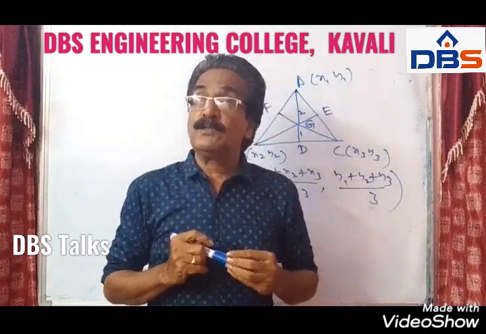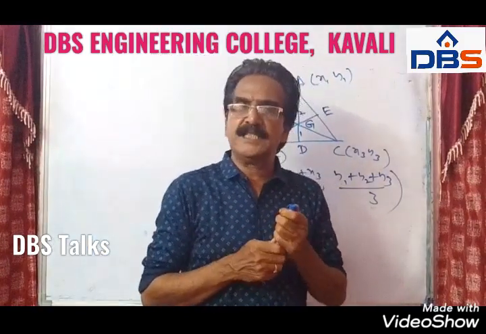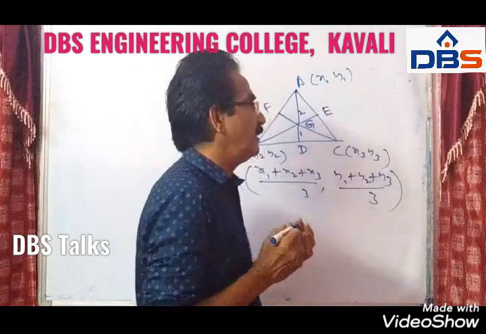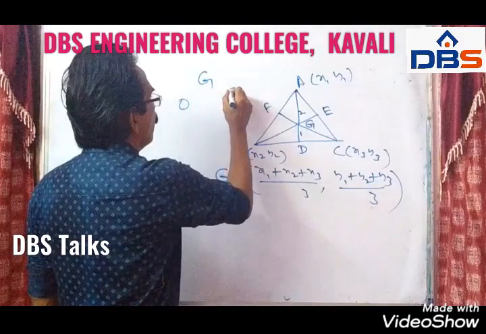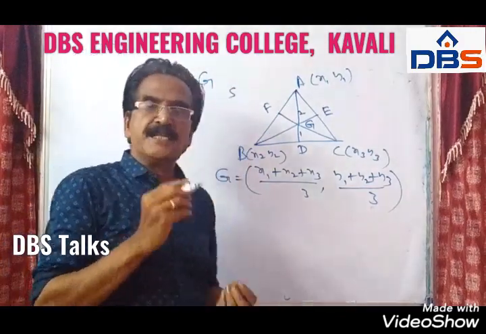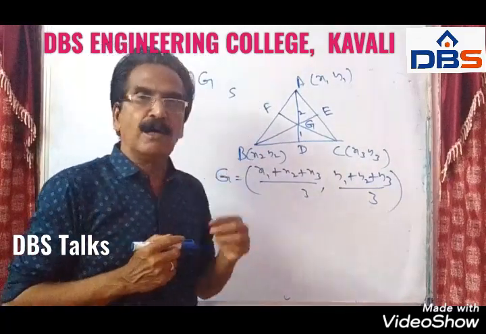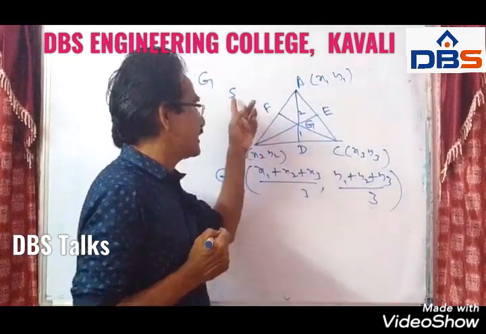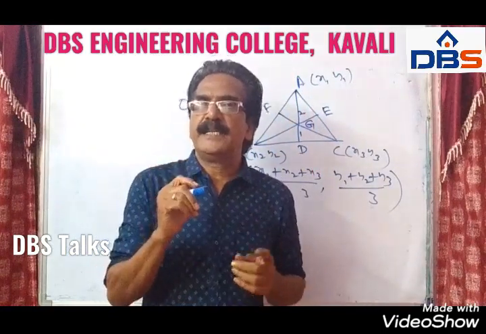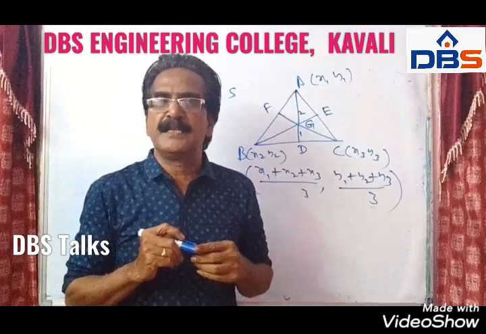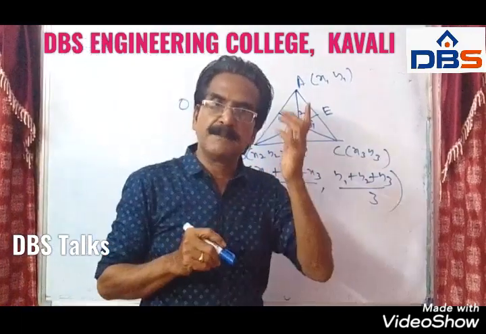And one more thing, G can be asked. That is a very important one. G, O, S: G is the centroid, O is the orthocenter, and S is the circumcenter. Now you will be given the orthocenter and circumcenter.